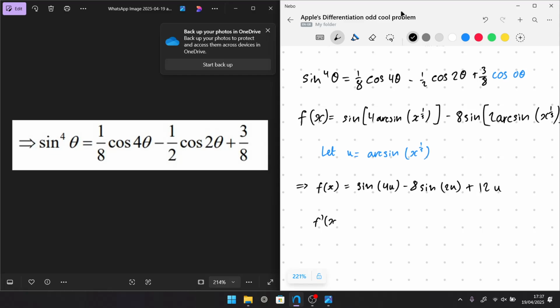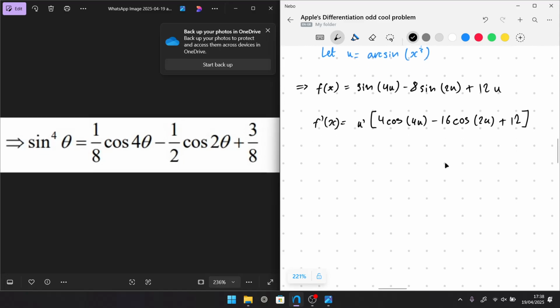So you'd have f prime of x equals, all of these can have a u prime. That would explain where everything comes from. So you can take out u prime, and what do we want?